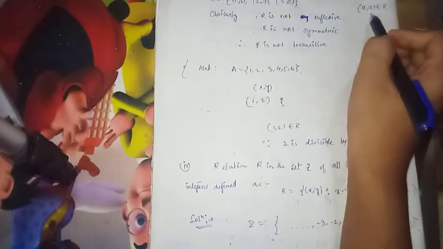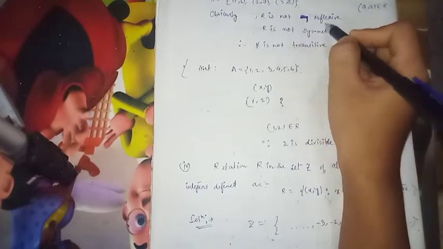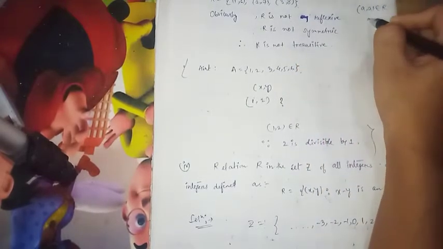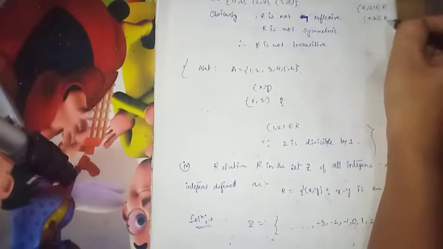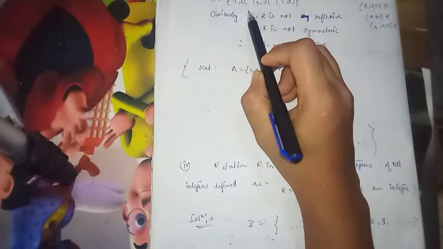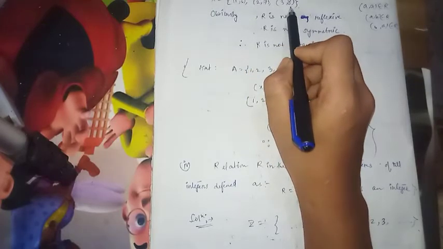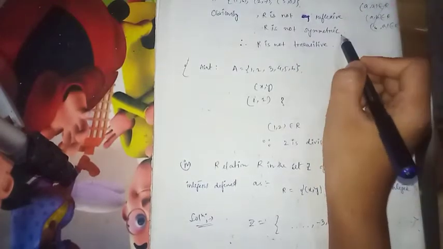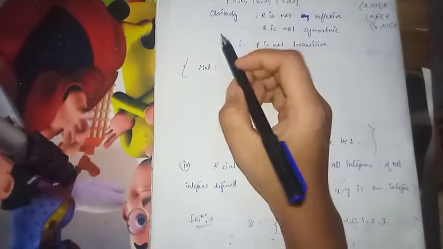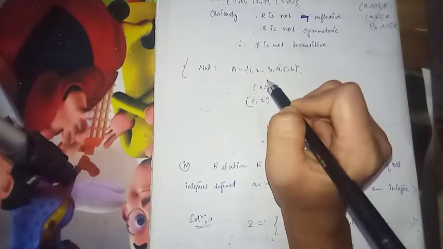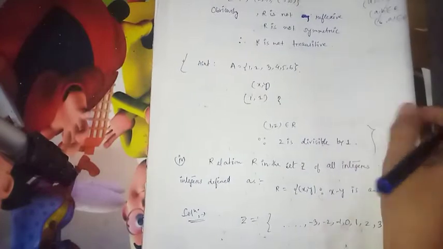Since there is no such element, R is not reflexive. Similarly, to be symmetric, if a, b is in the relation then b, a must also be in the relation. But here, for 1, 6 there is no 6, 1 element. Similarly, for 3, 8 there is no 8, 3 element, so R is also not symmetric. In the same way, we can prove that R is not transitive, and it is obvious. I hope you are getting it.